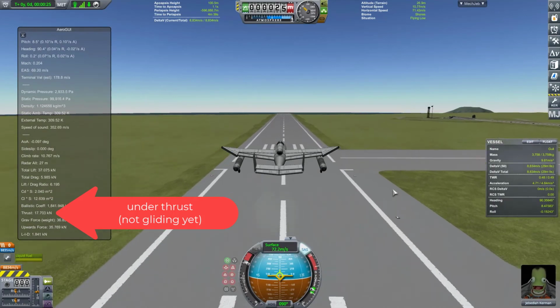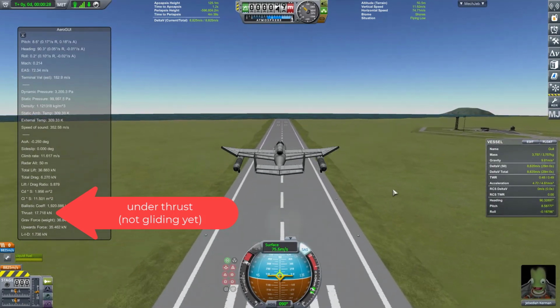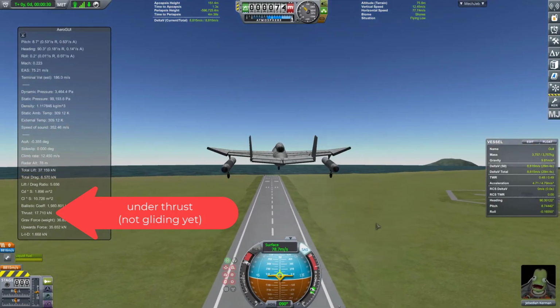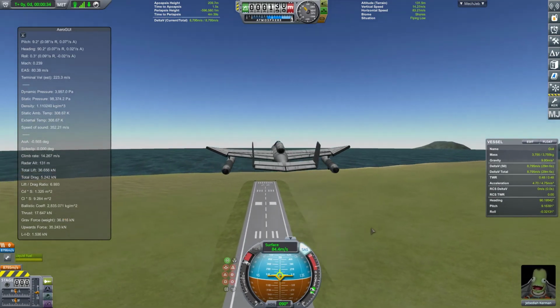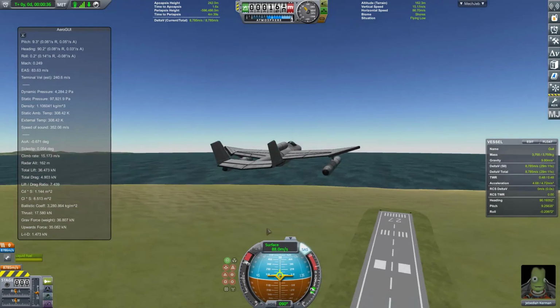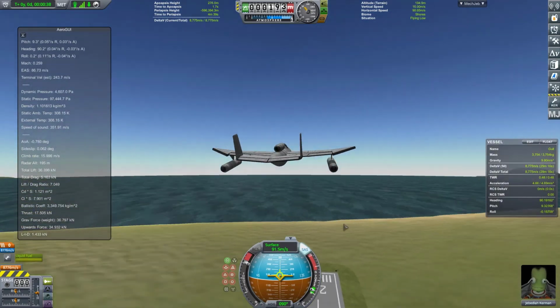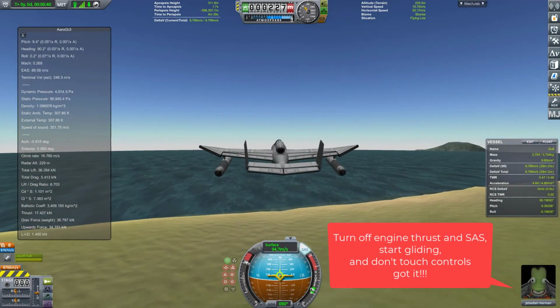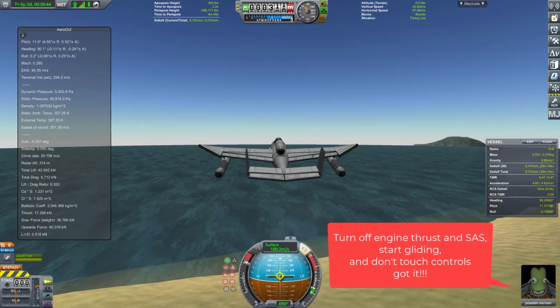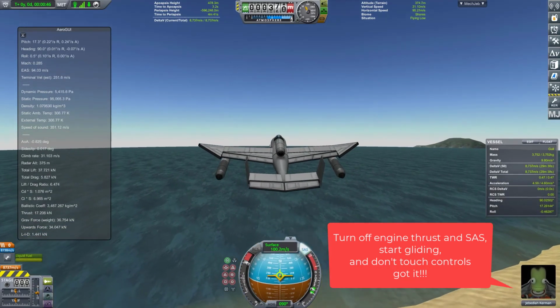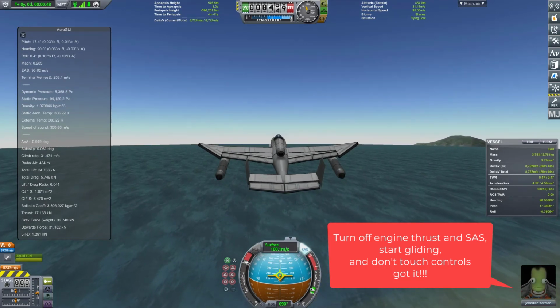You can see the thrust right there that is generating lift and bringing the airplane up into the air. But at some point, what I want to do is quickly shut off the engine so that it's gliding, and then also turn off the SAS so that I can just let the aerodynamics of the airplane cause it to oscillate up and down.